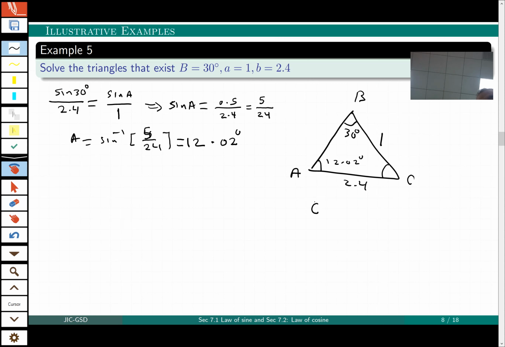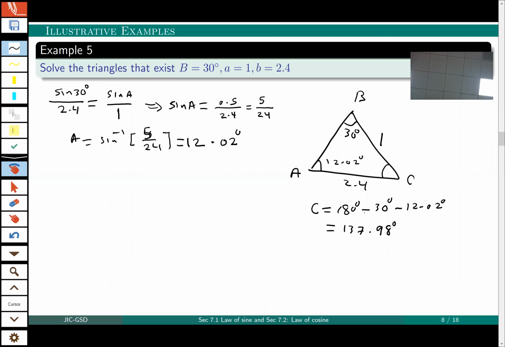So I should know now what C is, which is 180 minus 30 minus 12.02 degrees. So that will be 137.98 degrees.